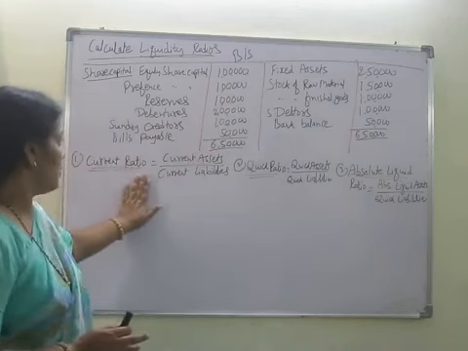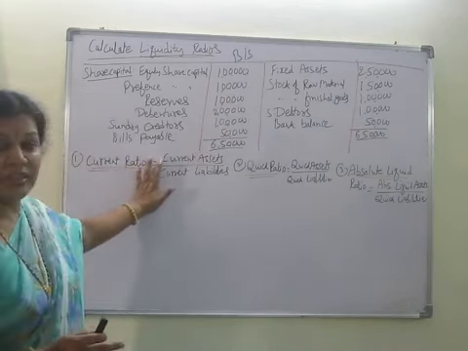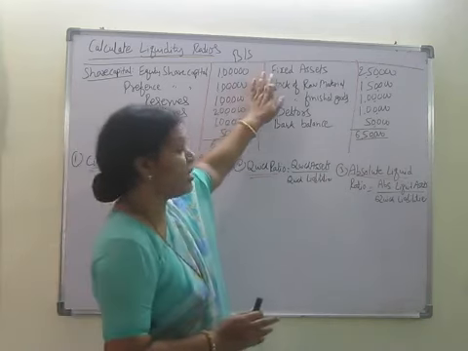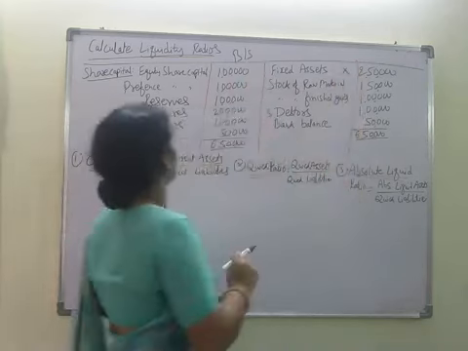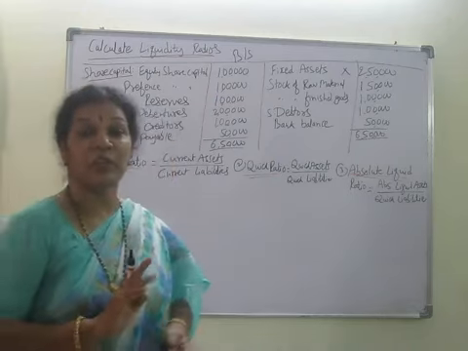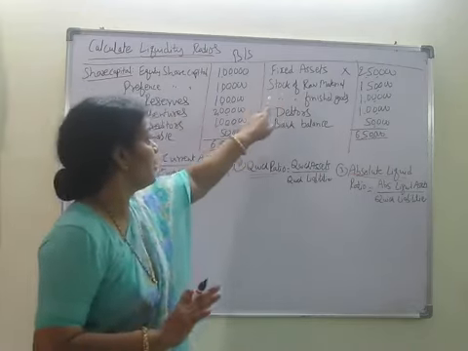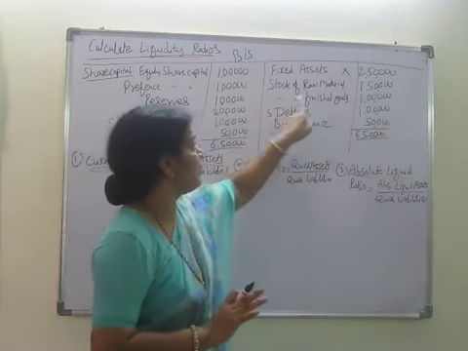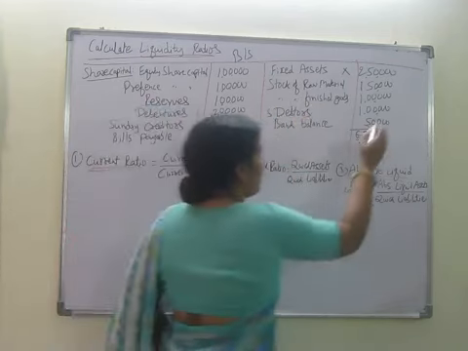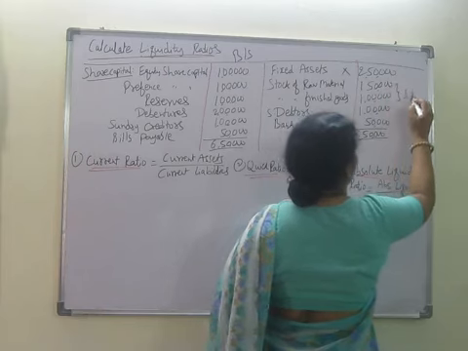So the first one is the current ratio, current assets by current liabilities. Fixed assets we don't at all take for the liquidity ratios. And stock of raw material, 1,50,000, and stock of finished goods, both will come under the stock.